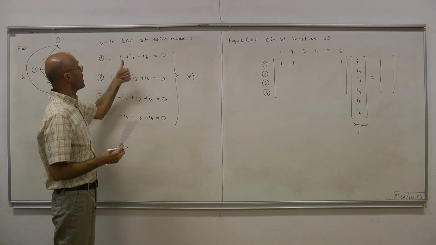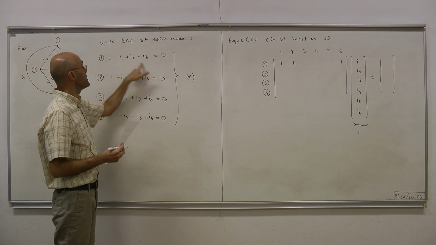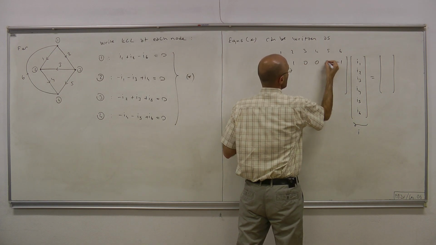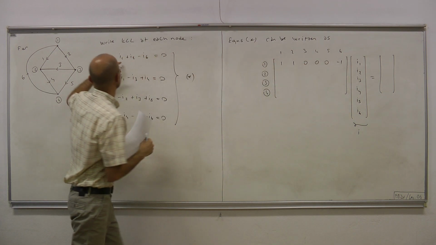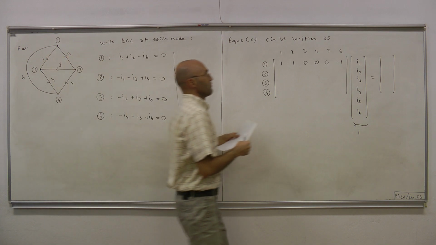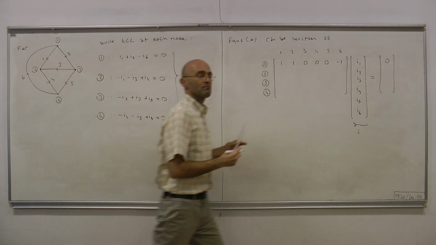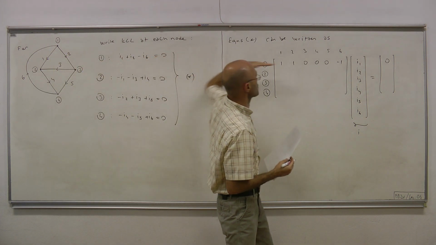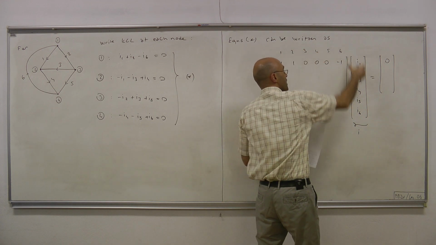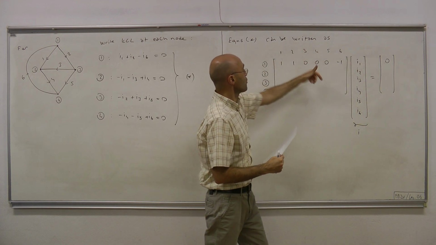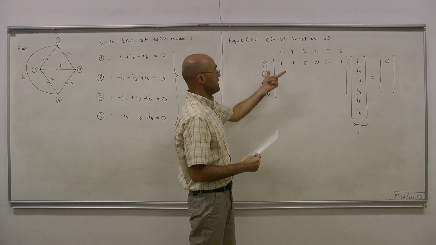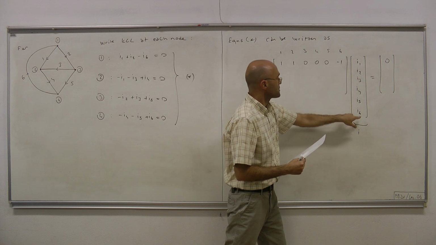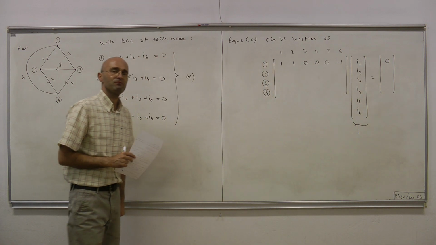Since I3, I4, and I5 don't appear in this equation, the corresponding coefficients must be 0. And the right hand side is 0. Note that this equation is the same as multiplying this row vector with this column vector. This row times that column gives us I1 plus I2 minus I6 equals 0.